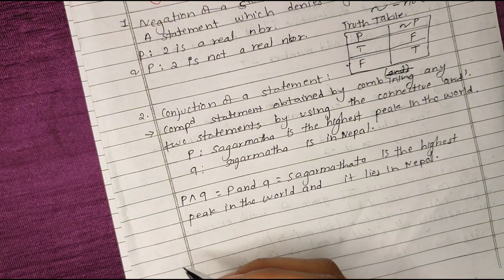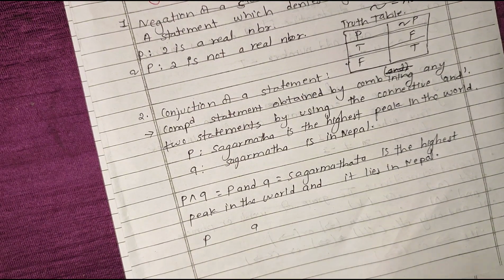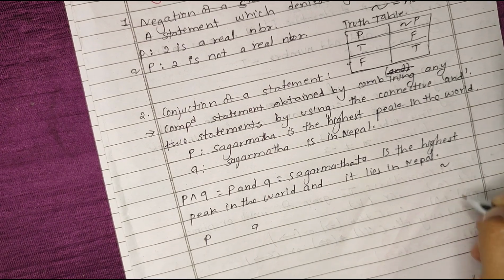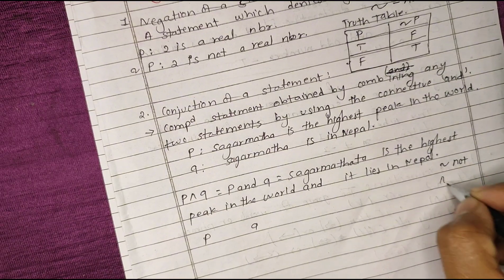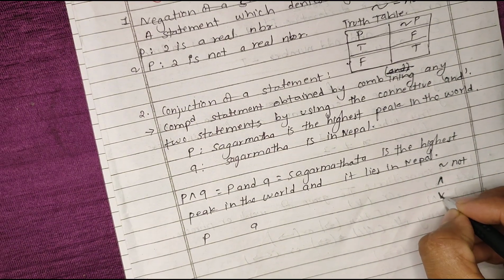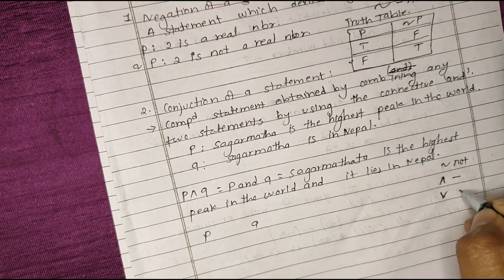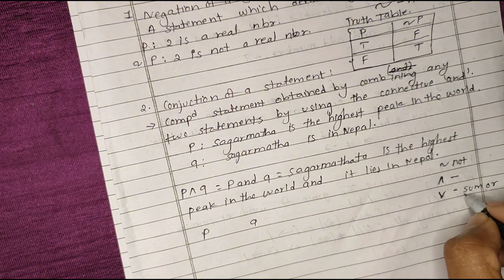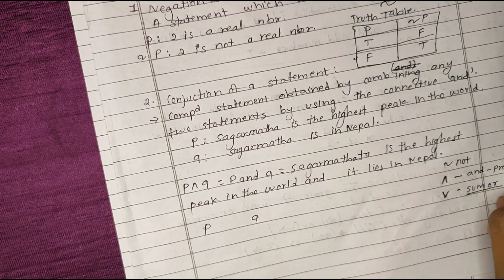Then similarly, a truth table could be made for P, Q. We can remember this as not. Then not means negative. Then we can remember this is and, this is or. I will tell you about or also in this topic: or means sum, and means product.